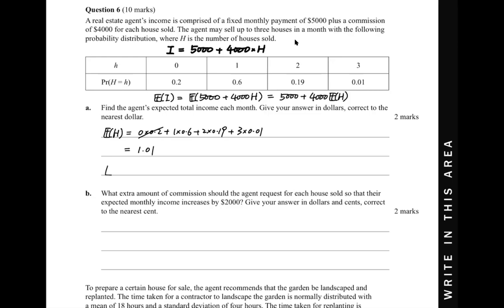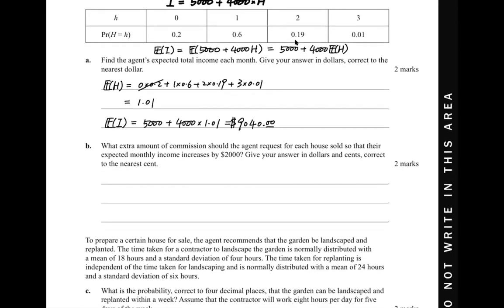So the expected income should be 5,000 plus 4,000 times 1.01. This should be $9,040, correct to the nearest dollar. All right, so that is my expected total income each month.